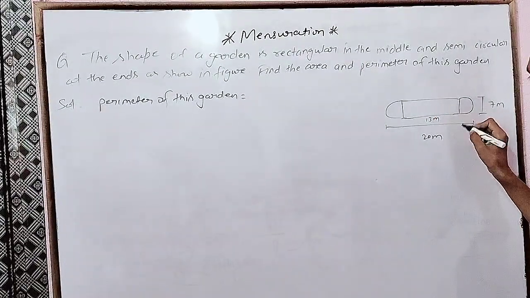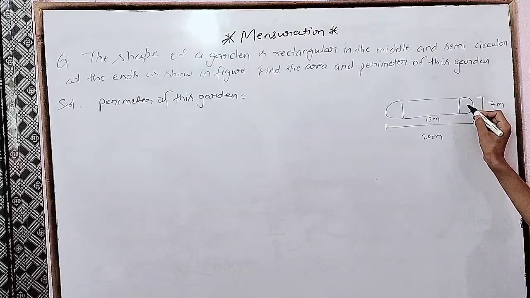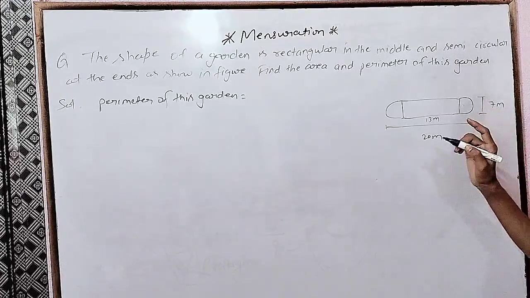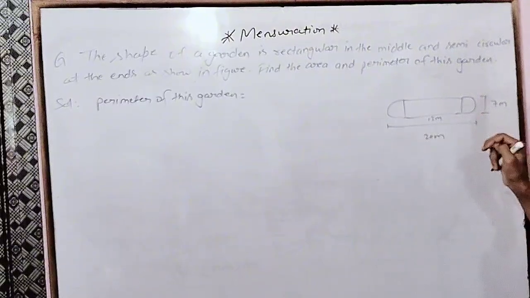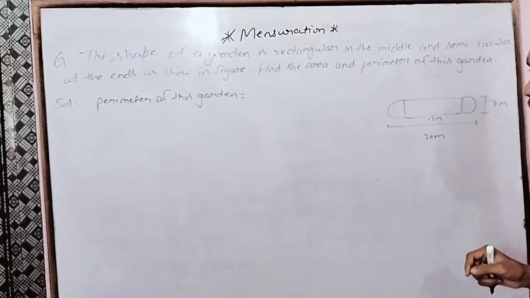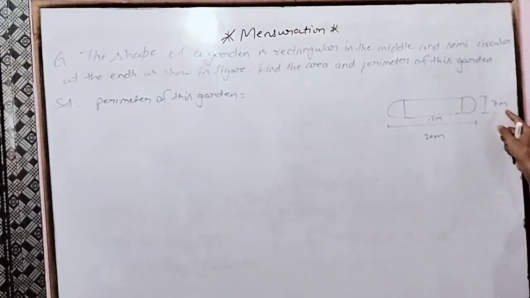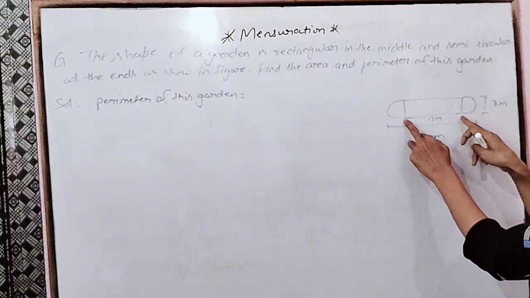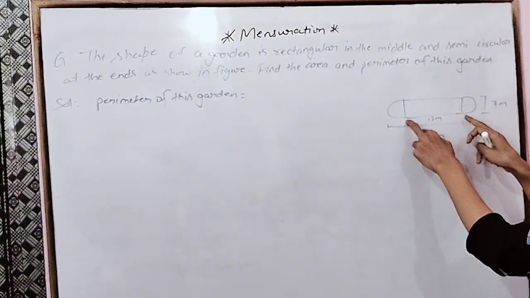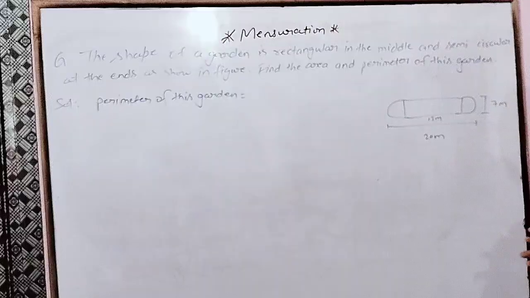13 meter. But here this is a radius, which is 7 upon 2, and we have 2 radii. This radius, this radius. So 7 upon 2 plus 7 upon 2 would be how much? 7 meter. That's why we subtracted 7 meter from 20 meter to find the length from here till here. So how much? 13 meter.